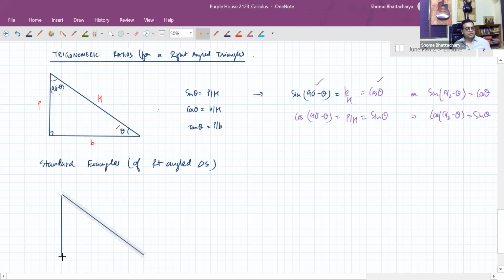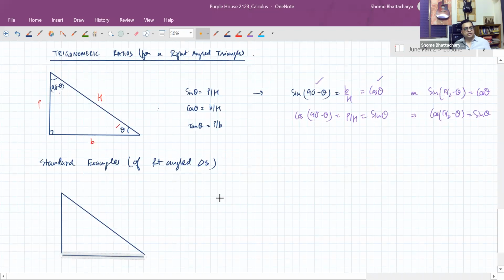So three particular triangles you need to keep in mind. One is the 30-60-90 triangle. The other is the 45-45-90 triangle, or the isosceles right angle triangle. And another one, which you might not have seen earlier in 9th-10th, is the 3-4-5 triangle, or the 37 degrees, 53 degrees, 90-degree triangle.